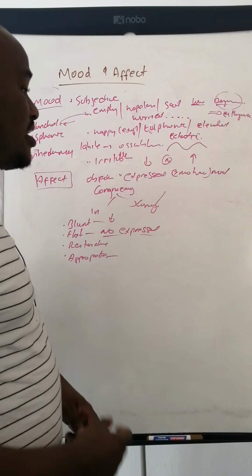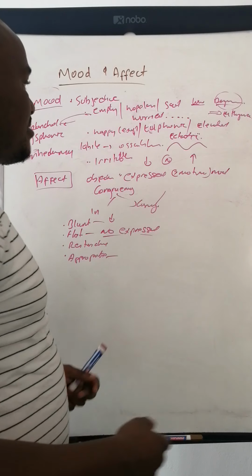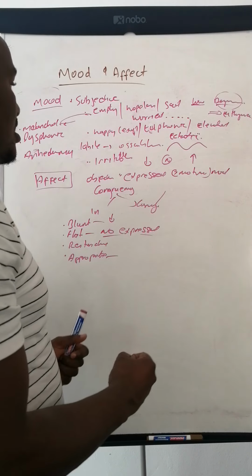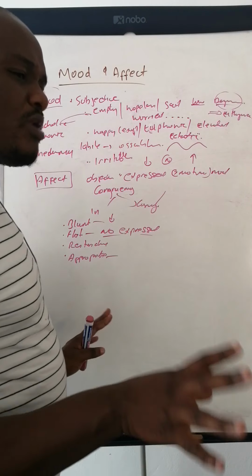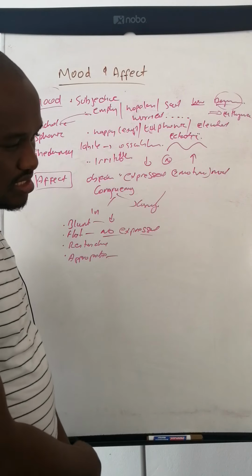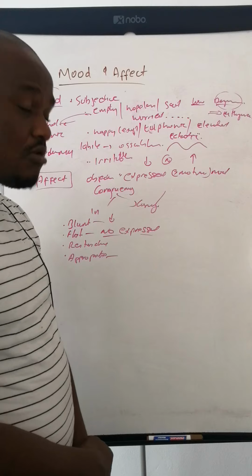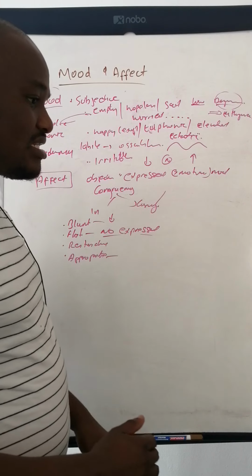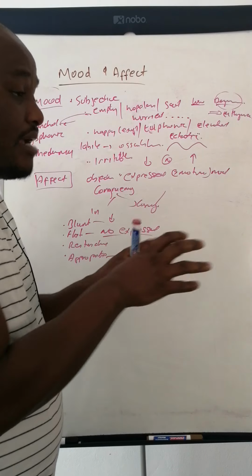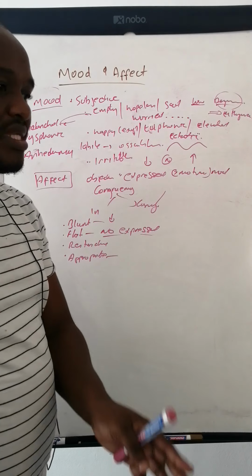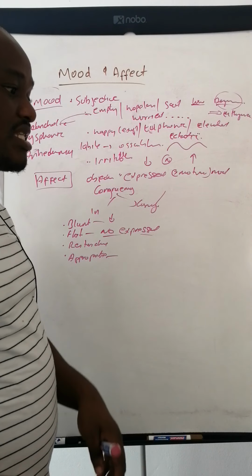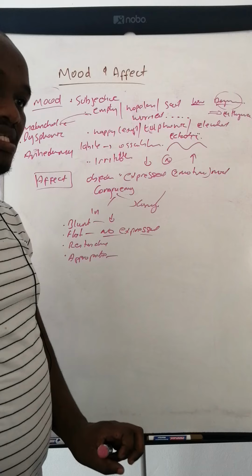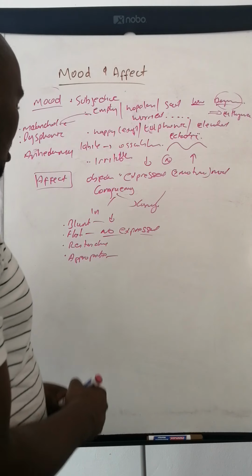You say you are happy, your mood is elevated, and then when I look at you, you are just like this, psychomotor retardation again. Then your happy mood is not congruent with the affect that I see, which looks like an affect of someone who's depressed. That's what I'm trying to explain.